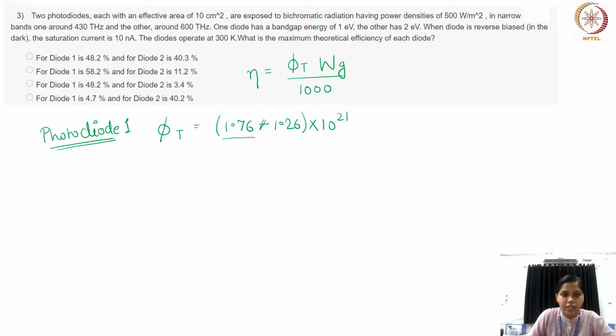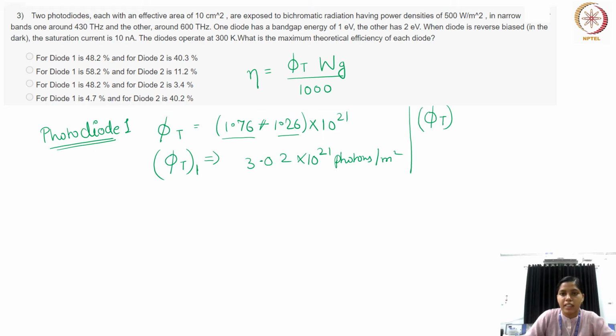We have already calculated this value, so that will give me 3.02 into 10 raised to the power 21 photons per meter square. So that is for photodiode 1, let's call it phi t1. And for photodiode 2, we are calling it phi t2, and that is 1.26 into 10 raised to the power 21 photons per meter square.